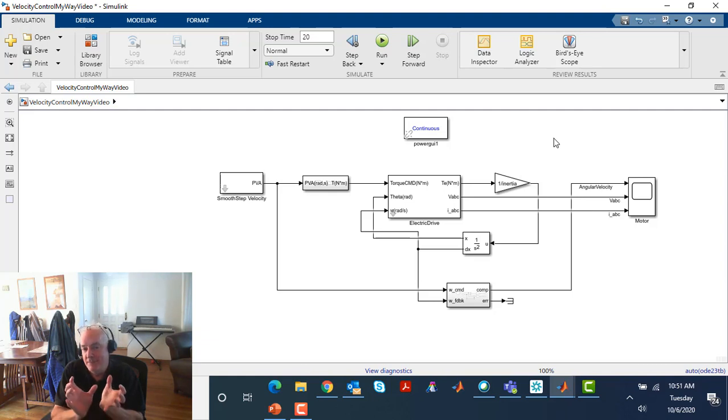The mathematical constraint that imposes on the system is that if you consider IA, IB, IC, each can be positive or negative, but they always sum to 0 by this grounding, what they call Y configuration grounding. I think that's the term. It means that if I know IA and I know IB, I know IC already. That was interesting to learn.